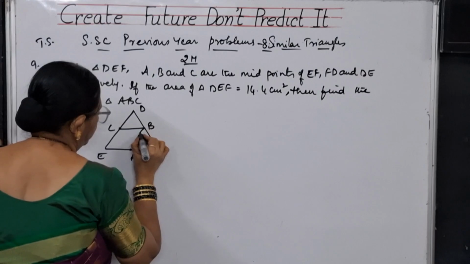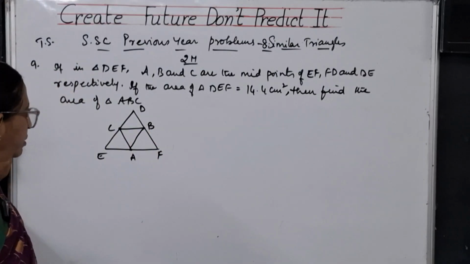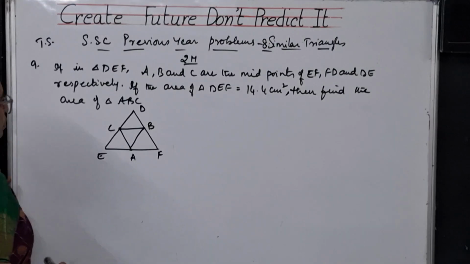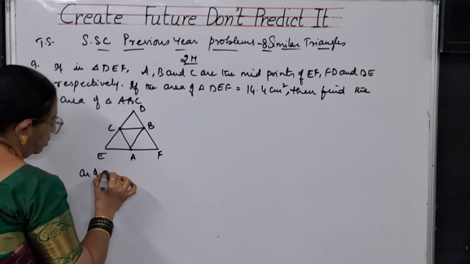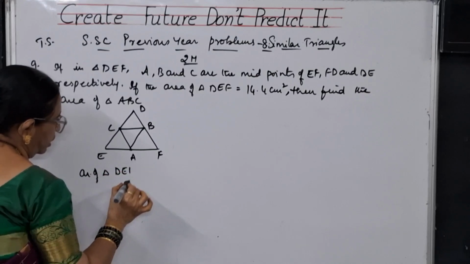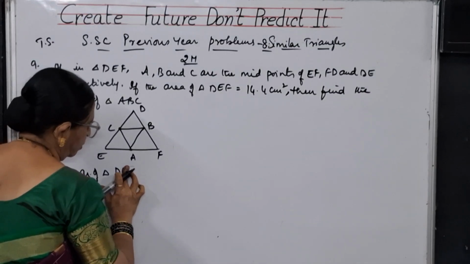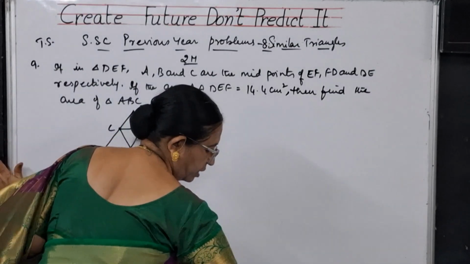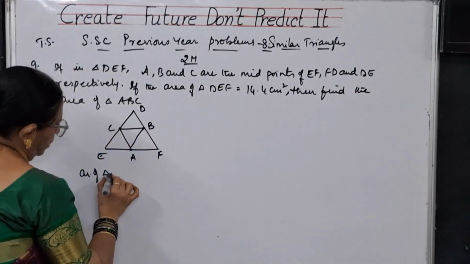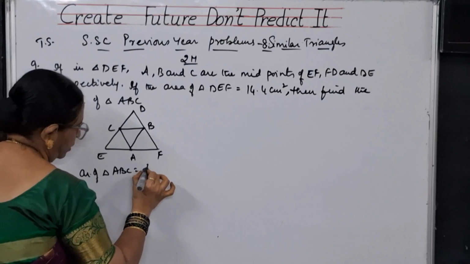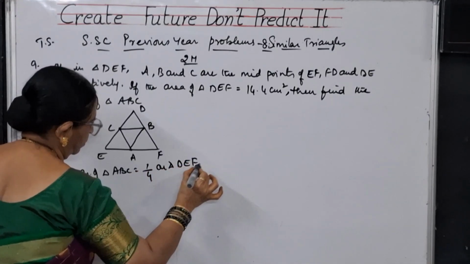Now, when these midpoints are joined, you have got triangle ABC. So you need to find out what is area of triangle ABC. Area of triangle ABC is equal to 1/4 of area of triangle DEF.